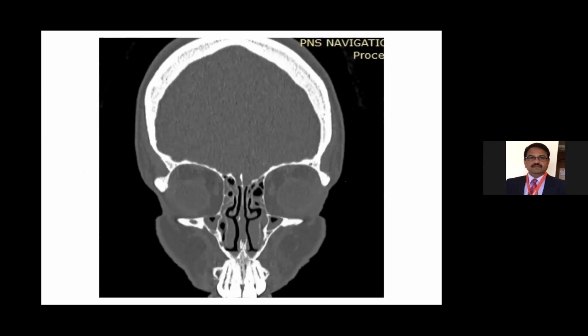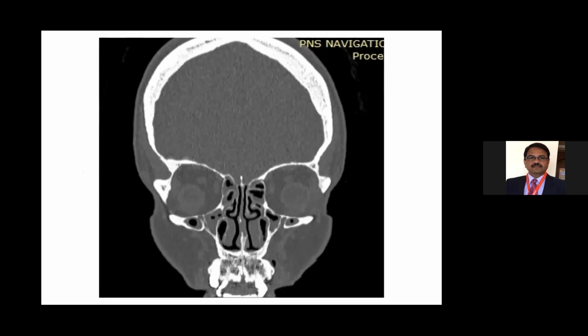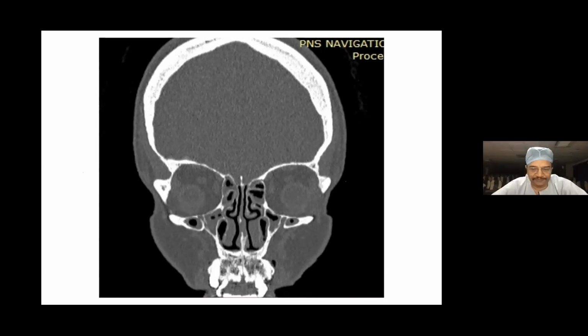But sometimes, in nasal polyposis cases of long-standing, you don't see this fine bony structure of the ethmoid labyrinth. It would have got absorbed, and it's full of soft tissue, a total whiteout.